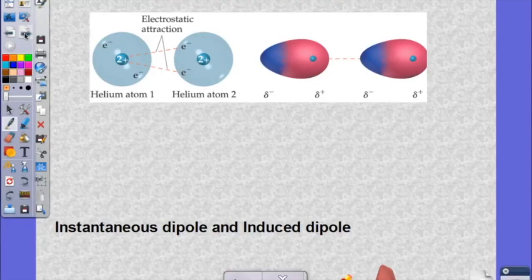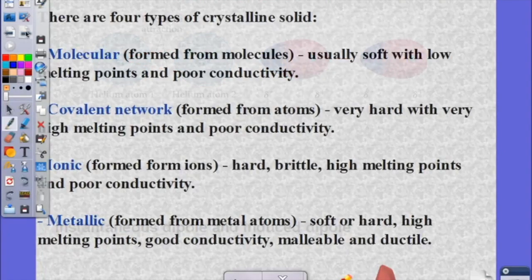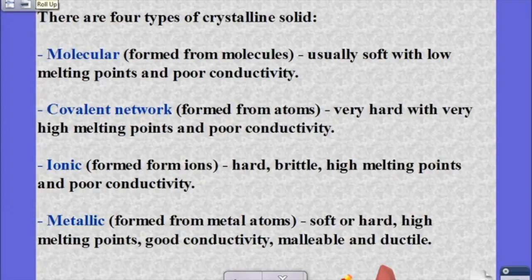London dispersion, or dispersion, or induced dipole, those are the weakest force. Another term for it is instantaneous dipole, just happening for a fraction of a second. I would strongly advise you to take notes or watch it over and over.